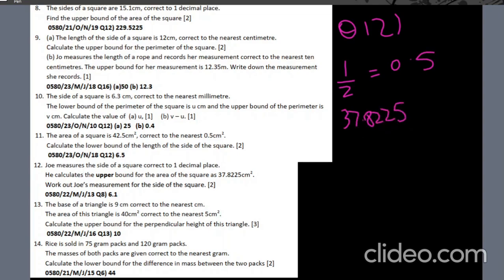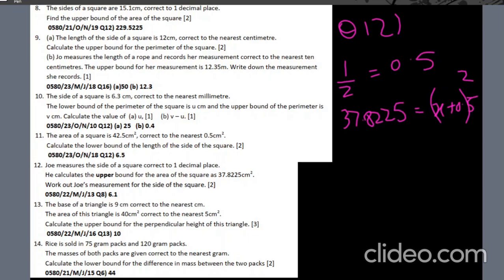37.8225 is the upper bound area, so this is the square of the upper bound length. So what will be the upper bound length? Whatever is the value of the original length plus 0.5. Now we need to find the value x.